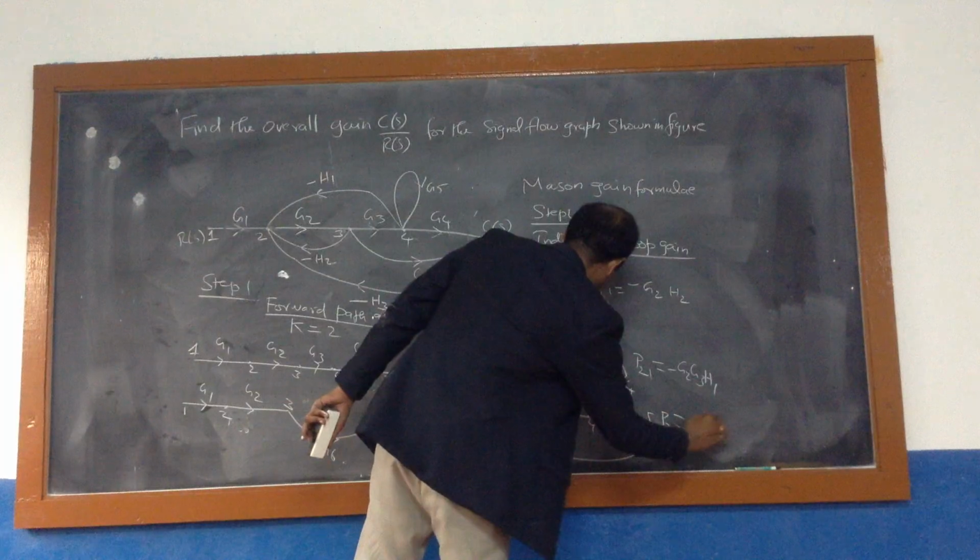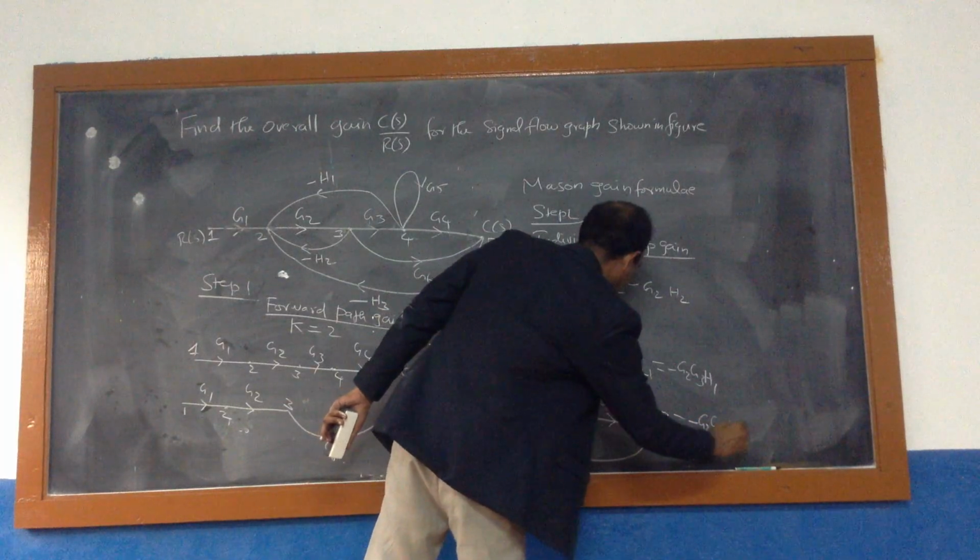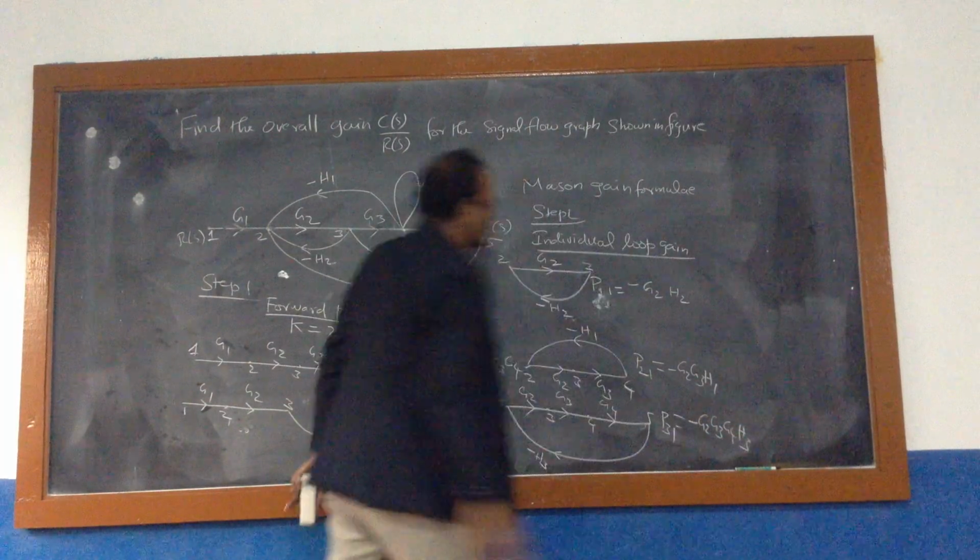So minus of G2, G3, G4, H2. So this is the third one.